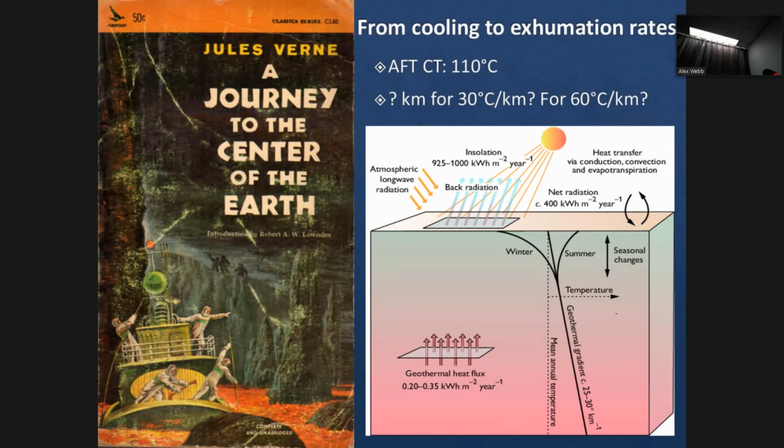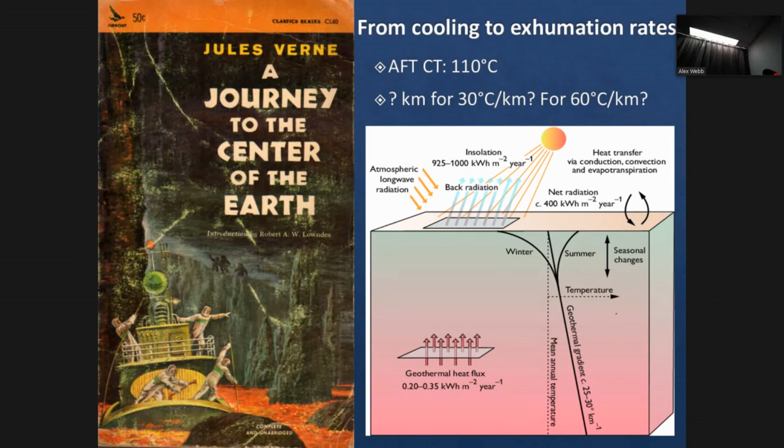If I have a normal geothermal gradient, 30 degrees per kilometer, and considering the surface temperature is 20 degrees, how many kilometers represents this temperature, do you think? How deep? Yeah, 3 kilometers. But if your geothermal gradient is 60, how much is this? 1.5 kilometers maximum.